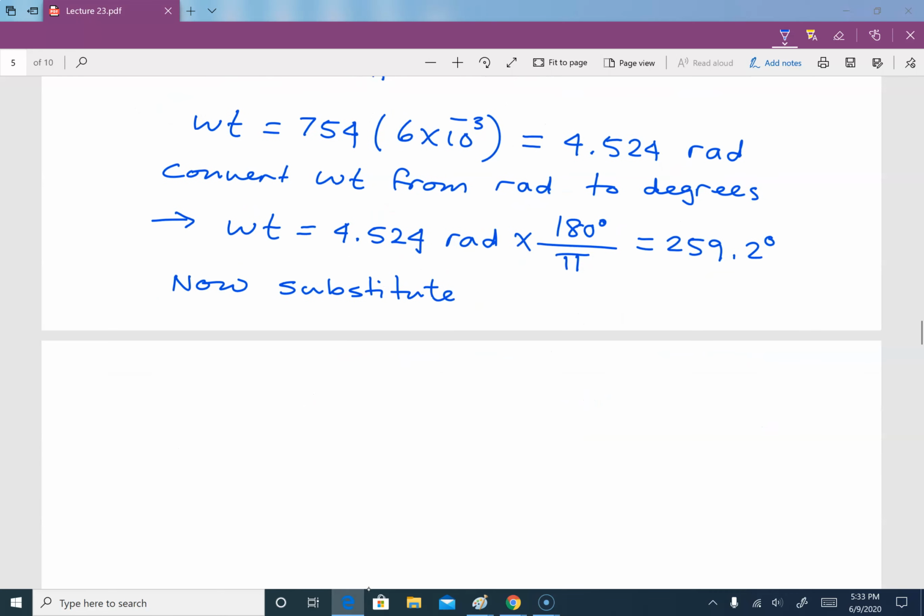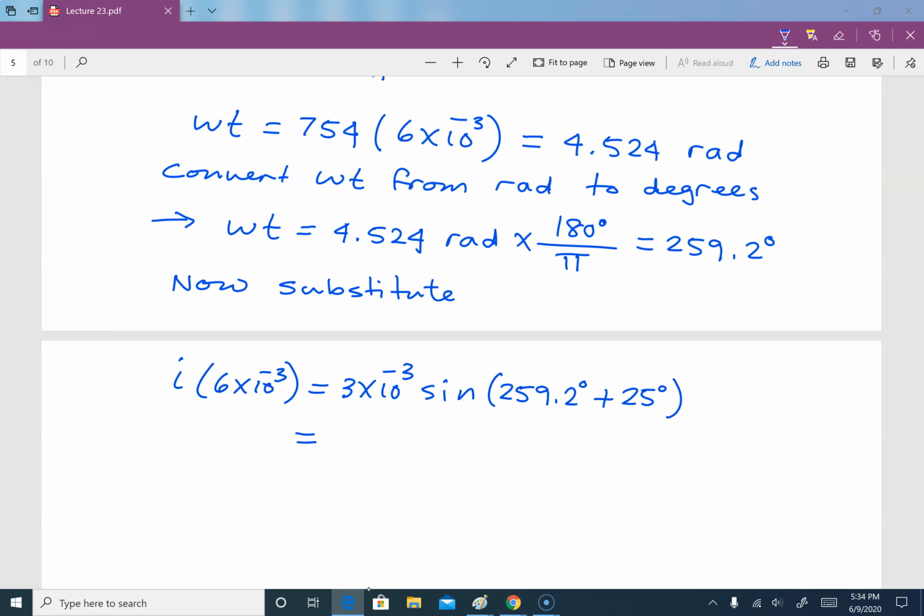We will get i of 6 milliseconds is equal to 3 times 10 to negative 3 sine of 259.2 plus 25 degrees.